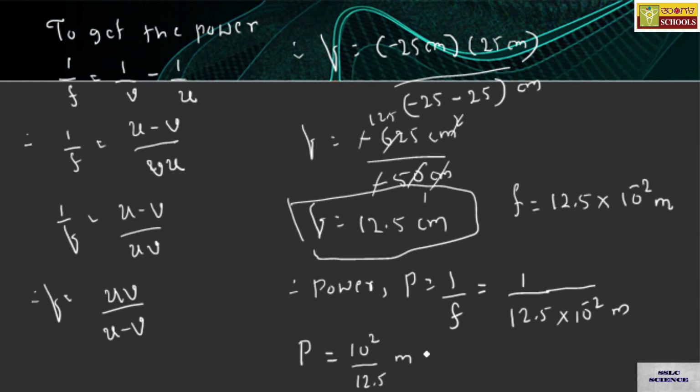So 100 by 12.5 is equal to 8 diopter. Therefore, the power of the lens is equal to plus 8 diopter. This will be the power of the given lens. These are a bit complex problems, so once you practice enough, you will solve all these kinds of problems correctly.